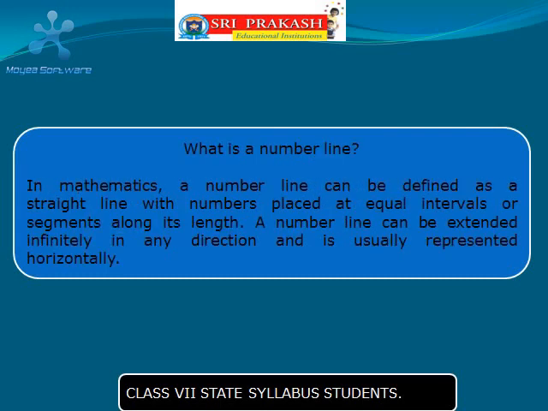What is a number line? In mathematics, a number line can be defined as a straight line with numbers placed at equal intervals or segments along its length.